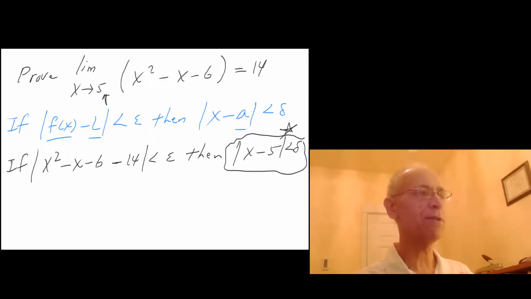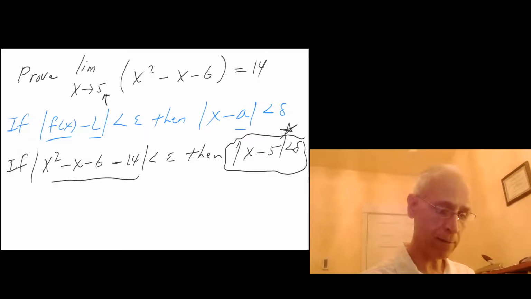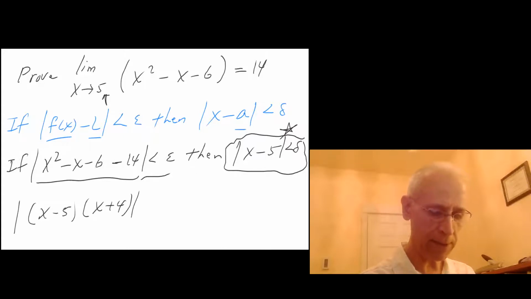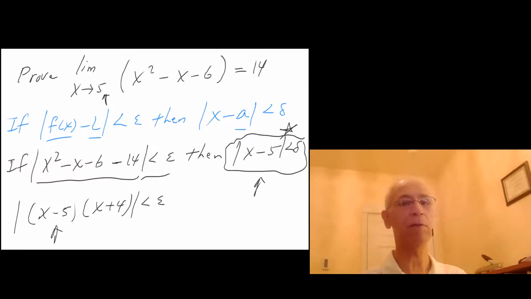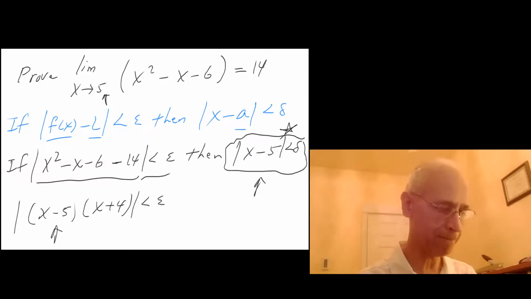Now I'm going to continue with the left-hand side, the if part right here. I'm going to factor the left-hand side. I would have x minus 5 times x plus 4 less than epsilon. And notice that now I have an x minus 5 here and an x minus 5 here, so I'm definitely on the right track.